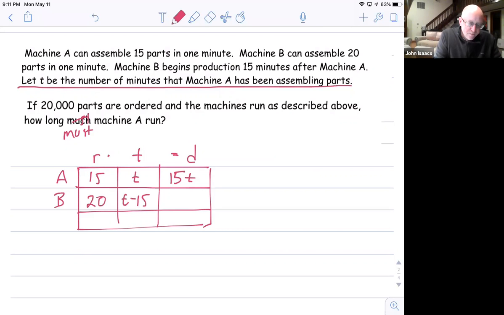Therefore, B produces 20T minus 300. I'm distributing, right? I'm multiplying 20 times the amount of time it's running. All right. So 20T minus 300. In other words, it makes 20 parts per minute, but during that first 15 minutes when it didn't run, it didn't make 300 parts.